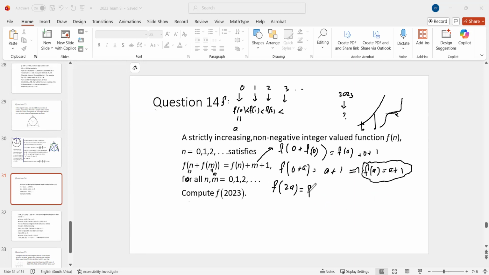Now why is that? I've got 2a is a plus a, you see, and a is f(0). We said f(0) is a.